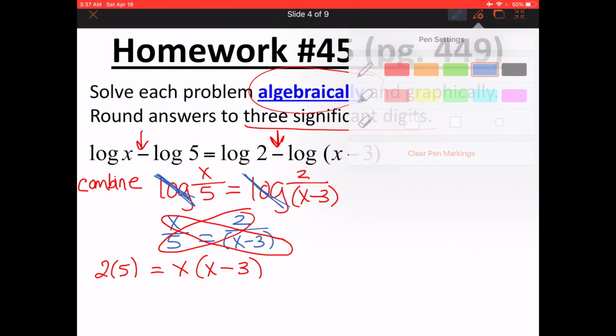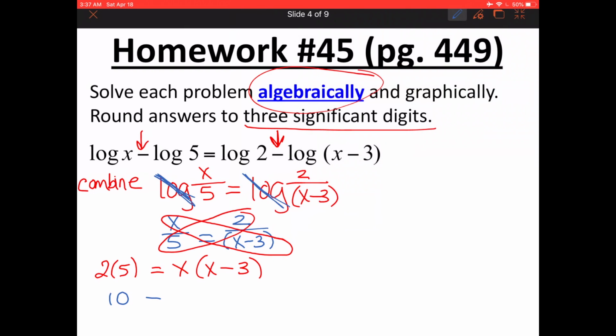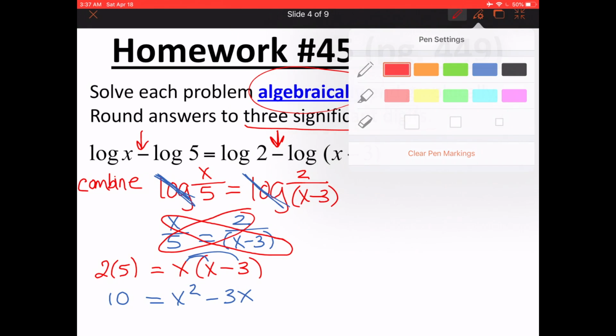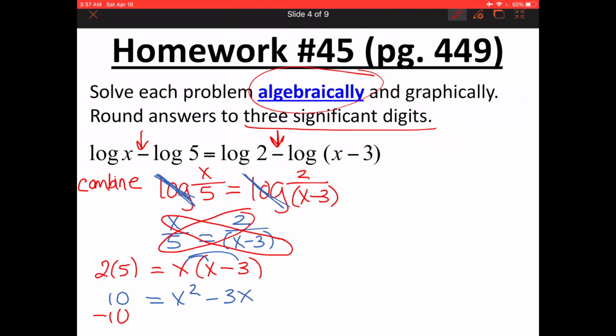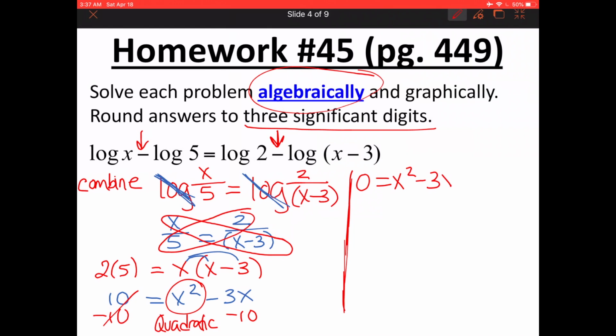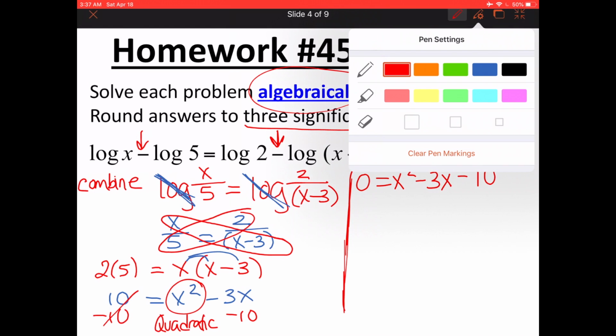We're just cross multiplying. So I end up with 10 equals, let's distribute here on the right, x squared minus 3x. Let's subtract 10 from both sides, because remember when you have a quadratic, the x squared makes it quadratic. You always want to get one side equal to 0 in order to solve. So once I subtract that 10 from both sides, I get 0 equals x squared minus 3x minus 10.